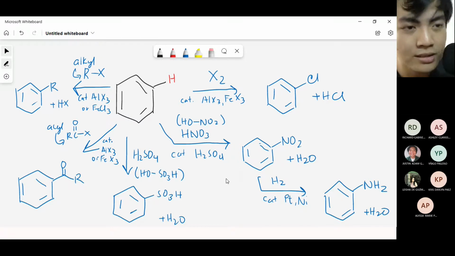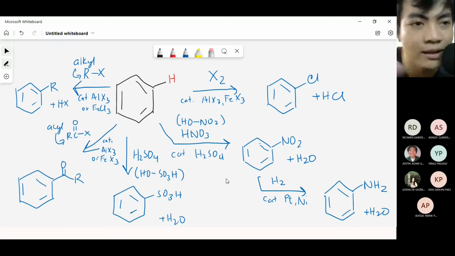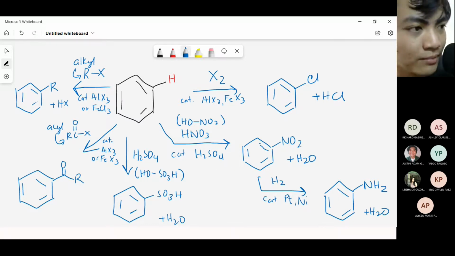Rather, what it does is the substitution reaction. Or specifically, it's called electrophilic substitution. So, lahat ng yan, electrophilic substitution. Yan. Okay? So, tandaan nyo lang yung name. So, that's the summary of the benzene reaction.